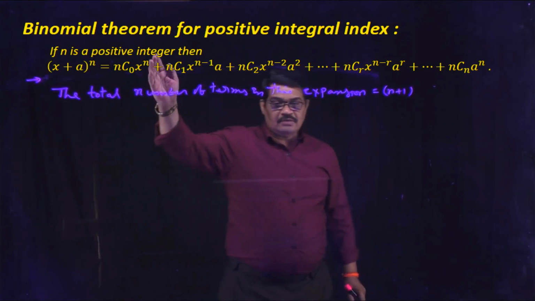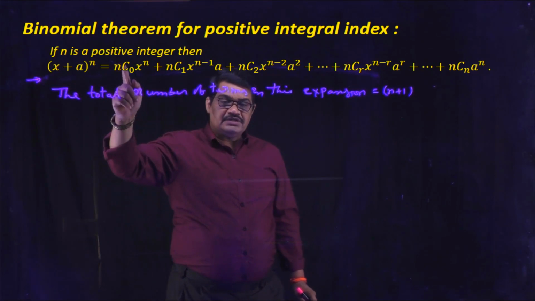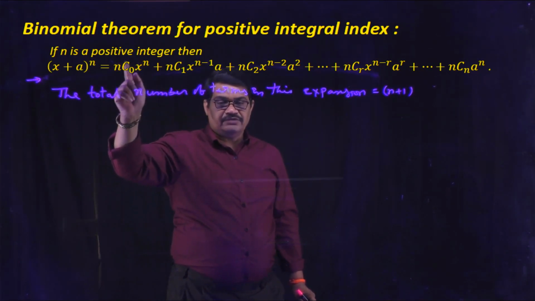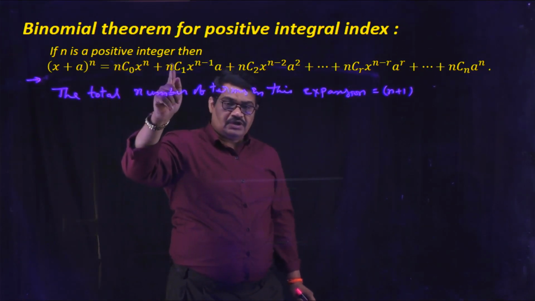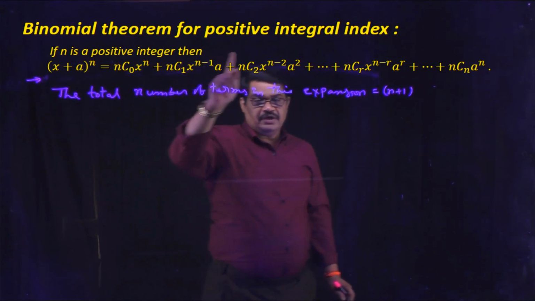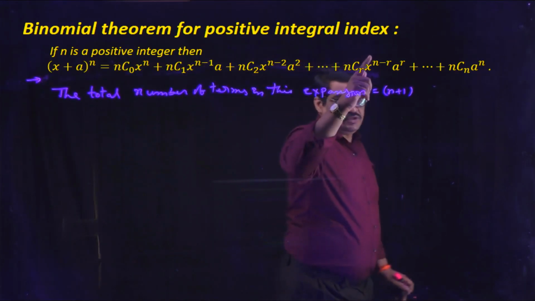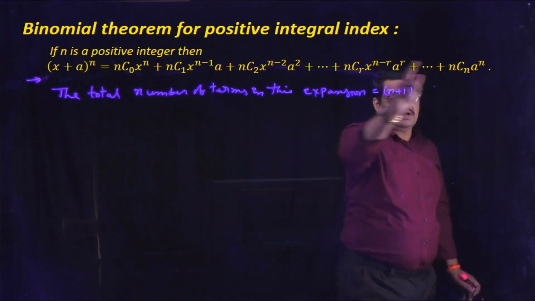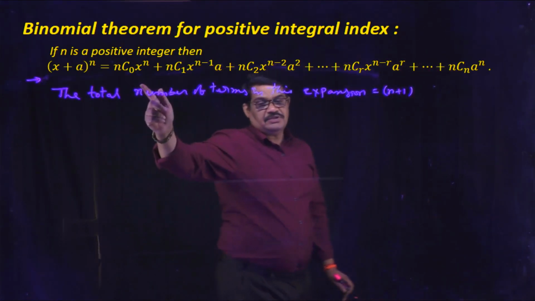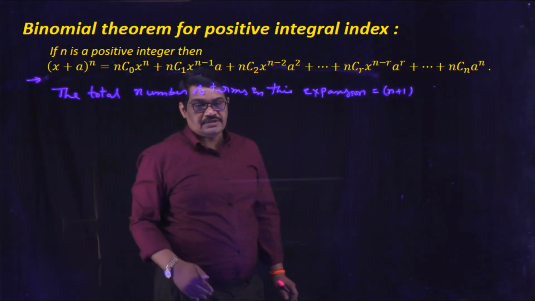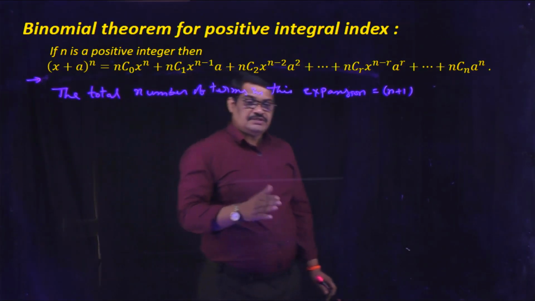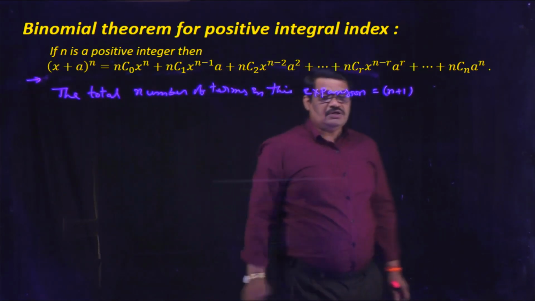Here nC0 x^n is the first term. Then after that, nC1, nC2, nC3 and so on, nCn. These are n terms after the first term nC0. So the total number of terms in that expansion is n plus 1.